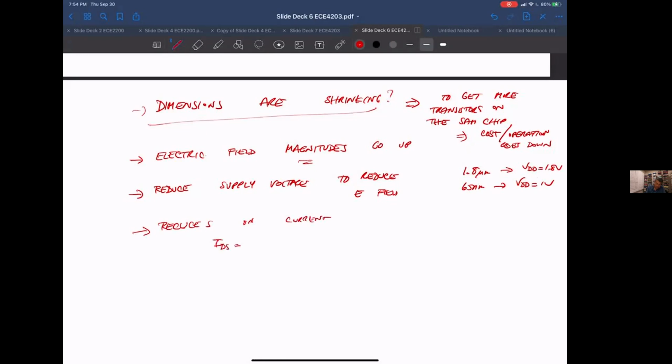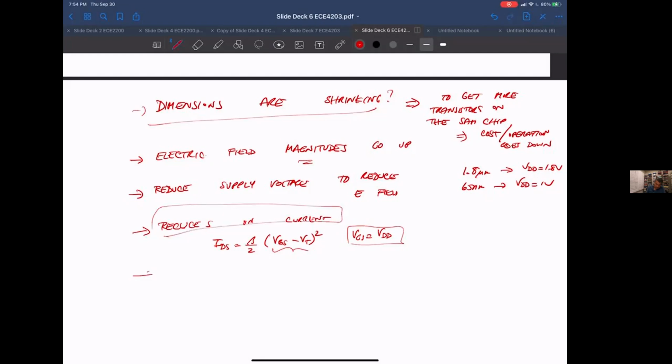Because to first order, it's VGS minus VT squared, and VGS is VDD. That's when you put a logic 1 on an NMOS gate. The highest you can get VGS is VDD. Well, guess what? Now you reduced your VDD from 1.8 volts to 1 volt, and you significantly reduced your on current, which means you significantly reduced your speed.